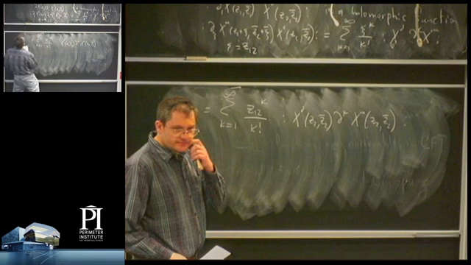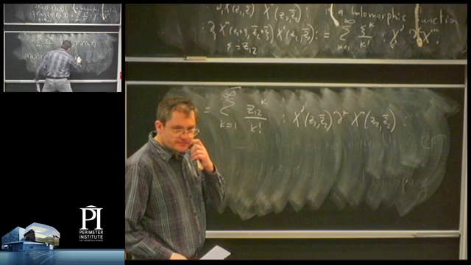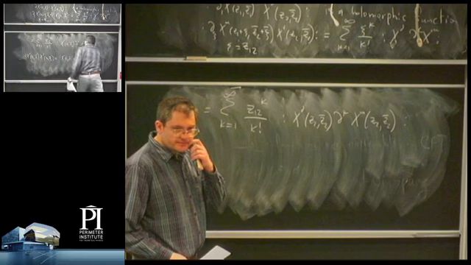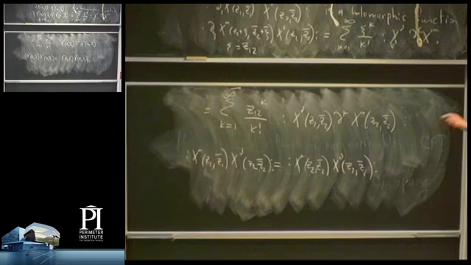This tells me that if I have a normal ordered product of x mu of z1, z1 bar and x mu of z2, z2 bar, we showed that this is the same as a normal ordering of x mu of z2, z2 bar and x mu, and then there will be an infinite sum.